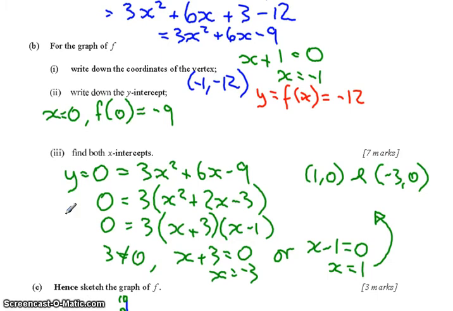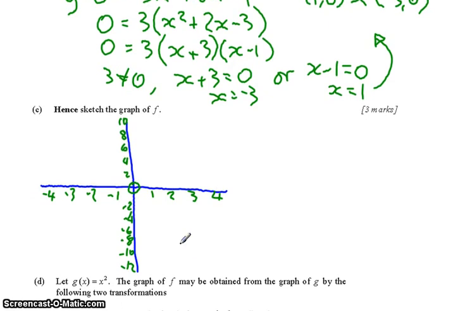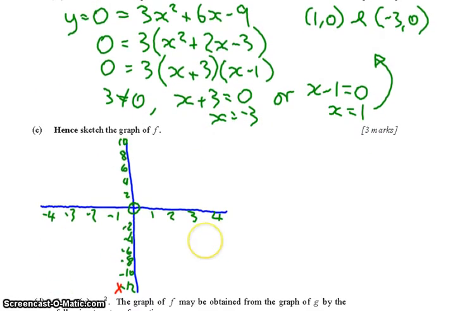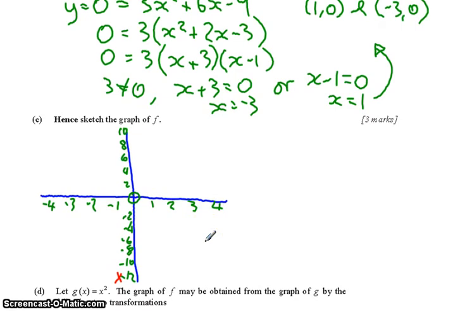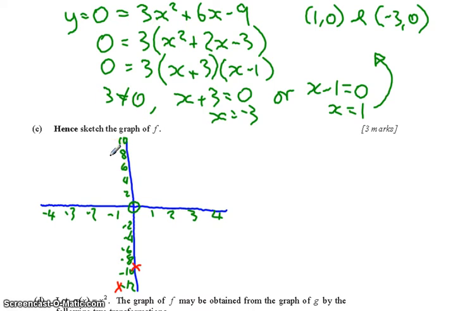First off, the vertex, i.e. the bottom of our curve, is minus 1, minus 12. Our y-intercept, where does it cross the y-axis, is minus 9. So you put that in, and our x-intercepts are at minus 3 and 1.